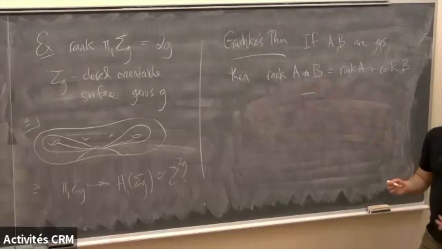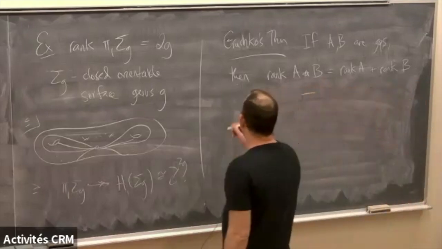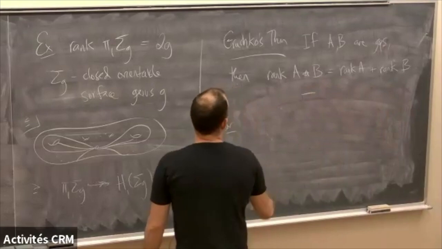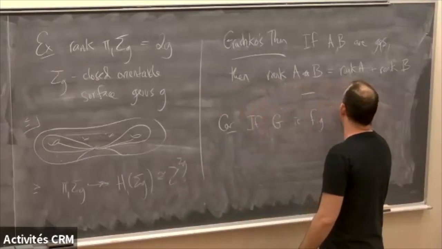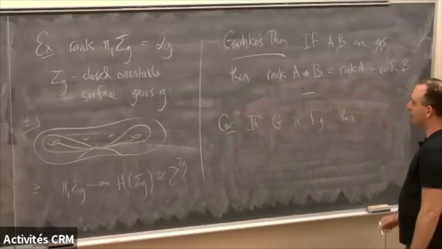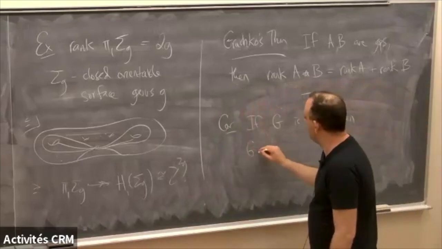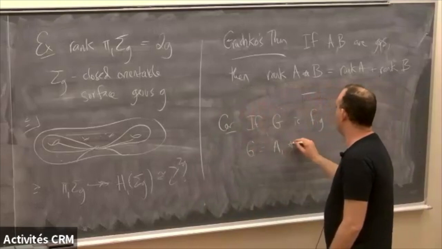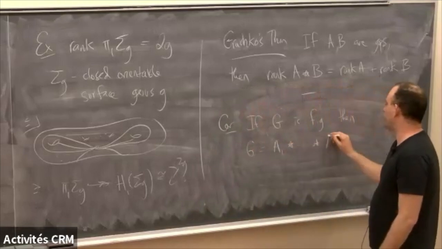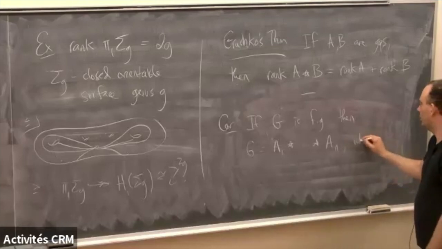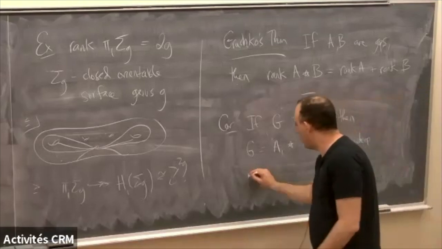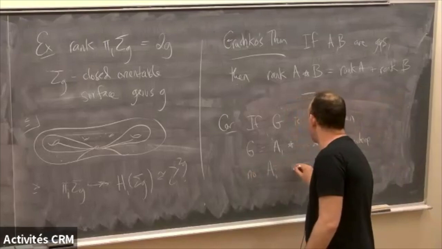Let me say what a corollary of this is. As a corollary, if G is finitely generated, then you can write G as a free product of a bunch of groups A_1 through A_n, where no A_i is itself a free product.